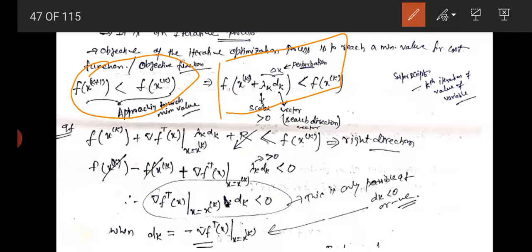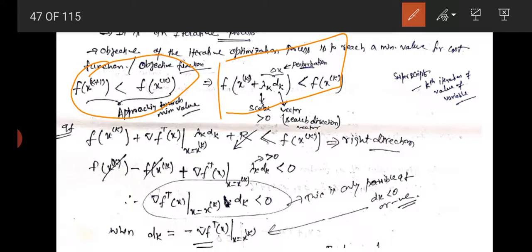We have to check whether the perturbation we have added makes the function lesser than f(x) or not. If the value is lesser than the previous one, it means the current iteration will give a smaller value than the previous one. So we are going in the right direction when the value is smaller in the current iteration, that is the k+1 iteration.